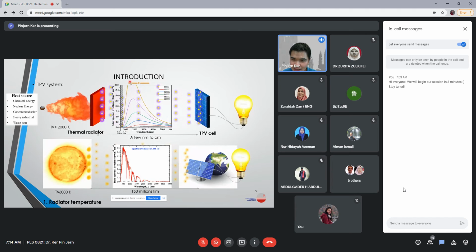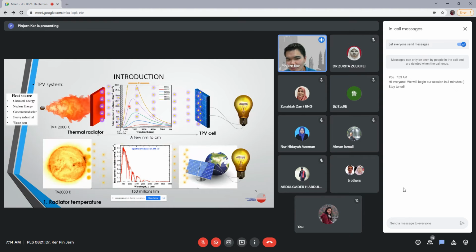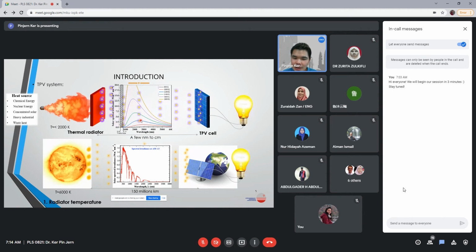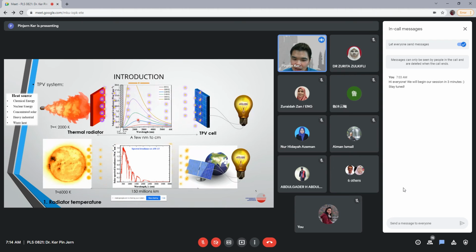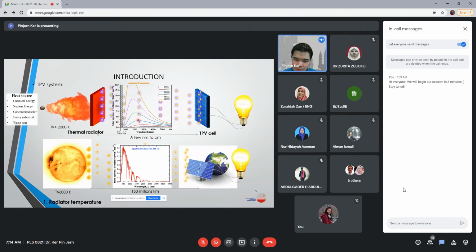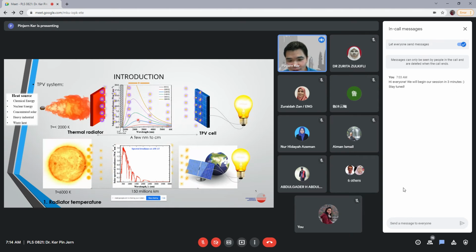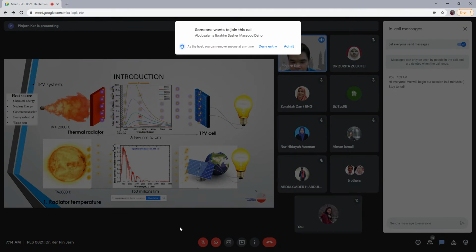So you can see that depending on the temperature, it will shift towards the right. The lower the temperature, the longer the peak wavelength. So in terms of that, you are looking at material that needs to be able to absorb photons in wavelength more than 1000 nanometers. I wouldn't go into details regarding wavelength. I suppose most of us are very familiar with wavelength.